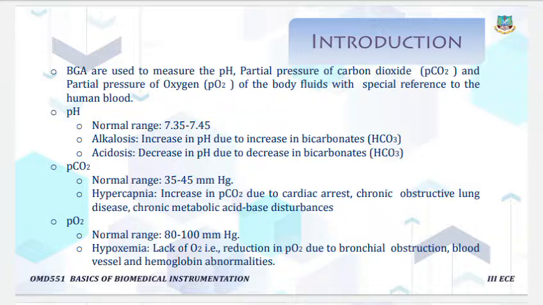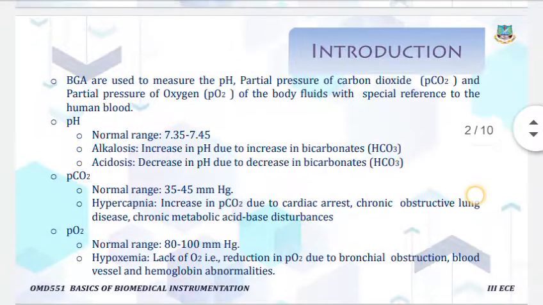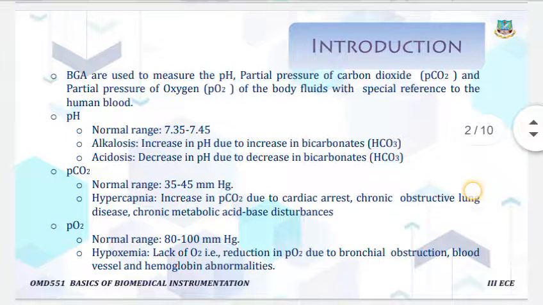Then PO2. The normal range of PO2, that is partial pressure of oxygen in the body, is 80 to 100 mmHg. If there is a lack of oxygen, that is a reduction in oxygen pressure due to bronchial obstruction or blood vessel and hemoglobin abnormalities, that condition results in hypoxemia.